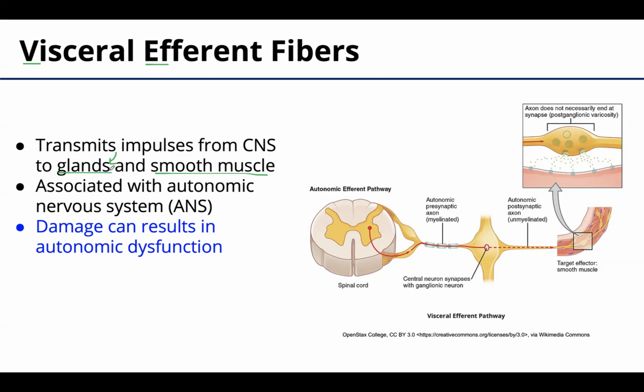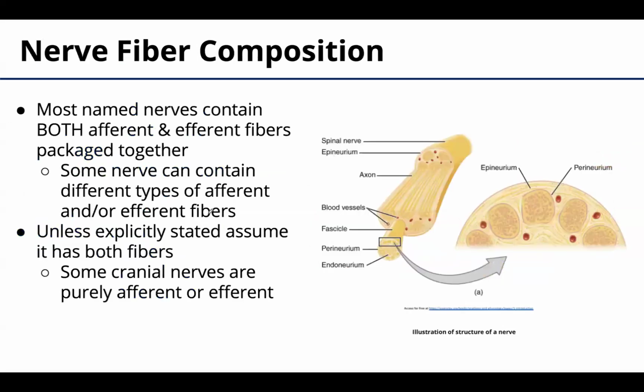So smooth muscle makes up most of the gut tube and portions of the bronchial tree, but also very importantly, smooth muscle is found in the walls of vasculature, particularly arteries, so important in terms of things like blood pressure. Now, these fibers are part of the autonomic nervous system. Therefore, these are involuntarily controlled, and damage to these nerves can have various autonomic dysfunctions.